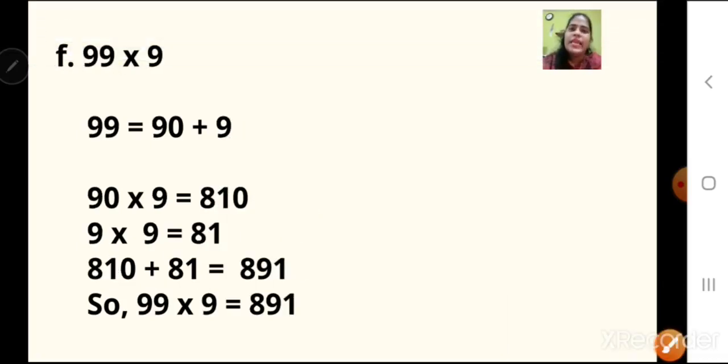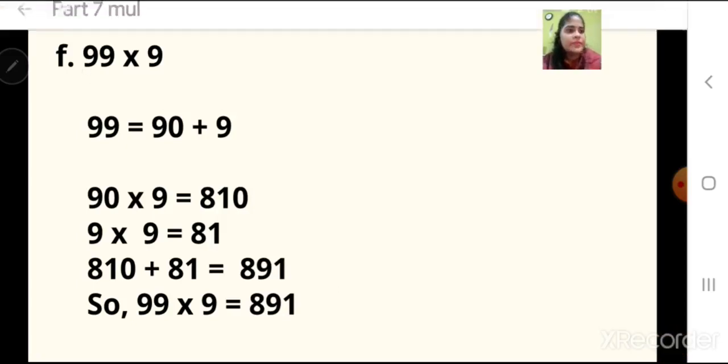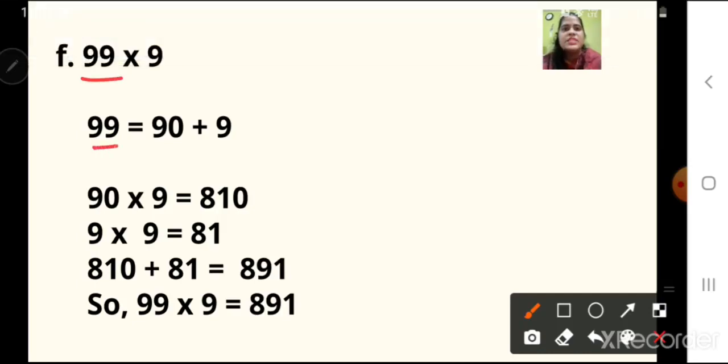Next one is F question. 99 multiplied by 9. Children, in the same manner we have to do it. First we have to expand the number 99. Okay, expand it. 99 is equal to 90 plus 9. After expanding, we have to multiply the numbers with the multiplier, which is number 9. Okay, 90 you will multiply with number 9. This number 9 also you will multiply with number 9.